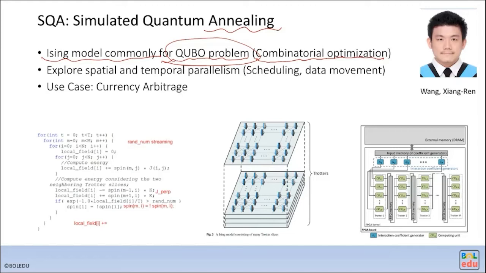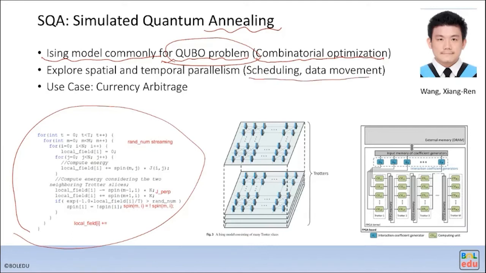Okay. Then I asked this student to also make this a teaching material, and they will guide you step by step on how to do the optimization, including scheduling and data movement. Yeah.